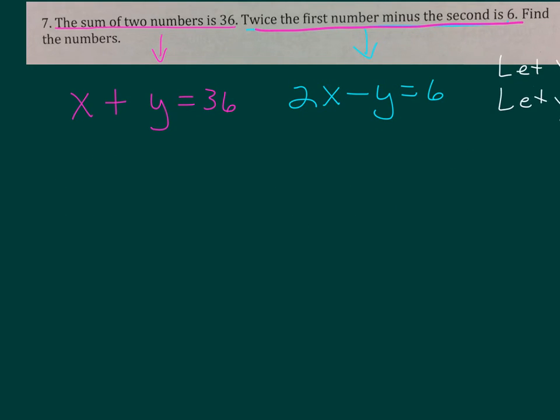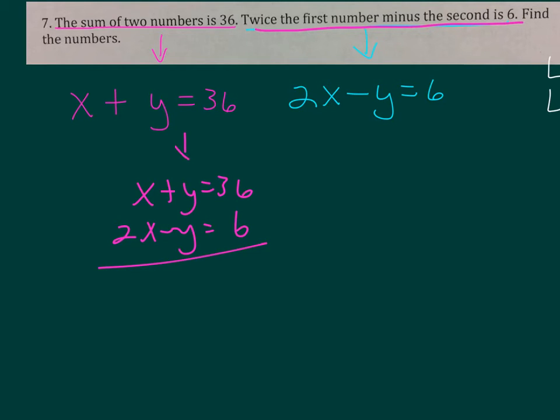So I'm going to move this out of the way. Now notice they're both real simple, so I'm going to actually stack these. So watch. If I have x plus y equals 36, 2x minus y equals 6, notice that the y's are opposites. So my initial reaction is I'm going to add straight down. x plus 2x is 3x. The y's cancel. 36 plus 6 is 42.